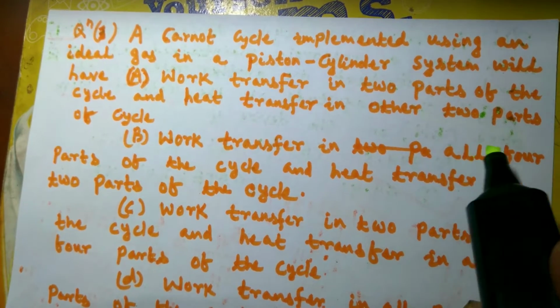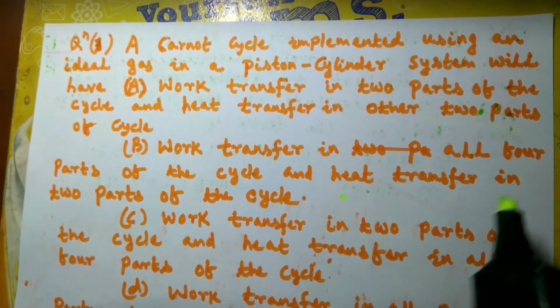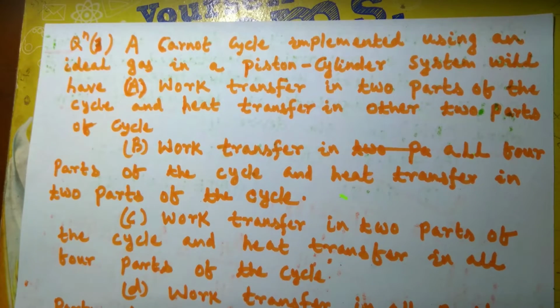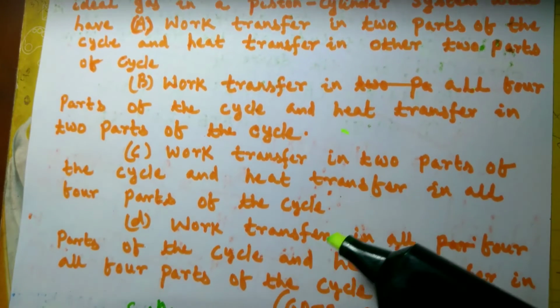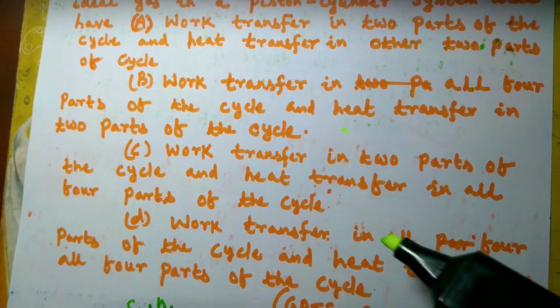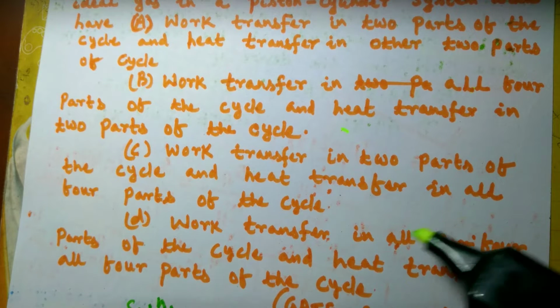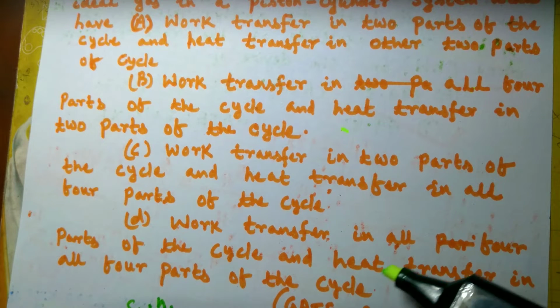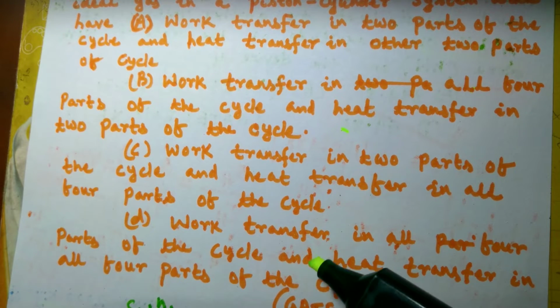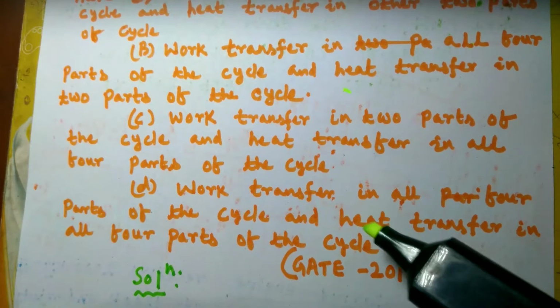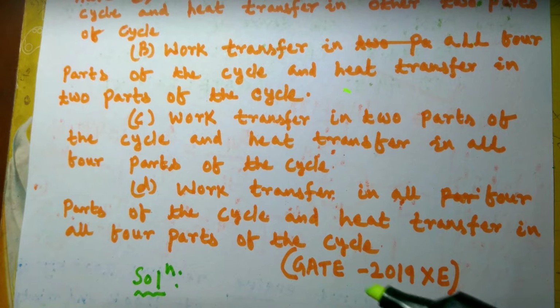B, work transfer in all 4 parts of the cycle and heat transfer in 2 parts of the cycle. C, work transfer in 2 parts of the cycle and heat transfer in all 4 parts of the cycle. D, work transfer in all four parts of the cycle and heat transfer in all four parts of the cycle.